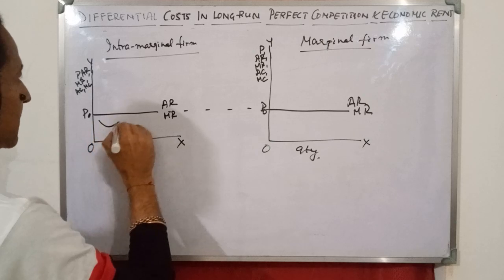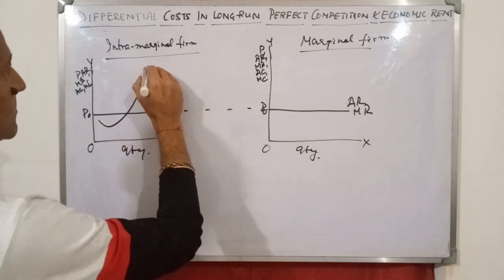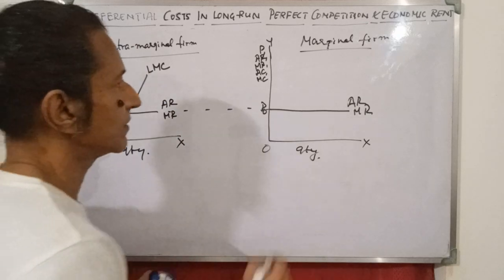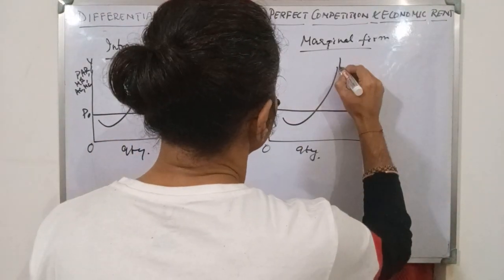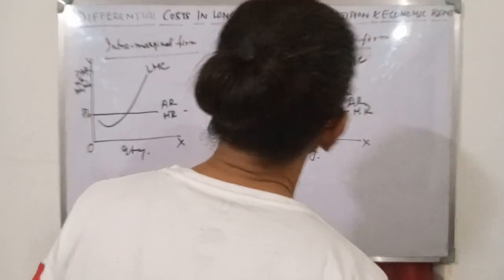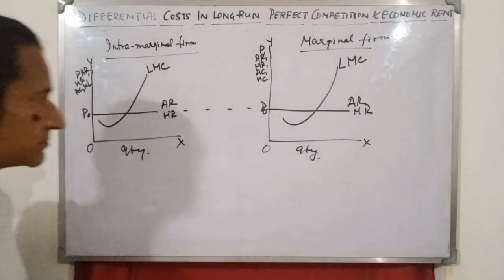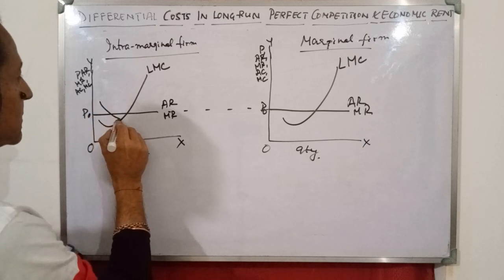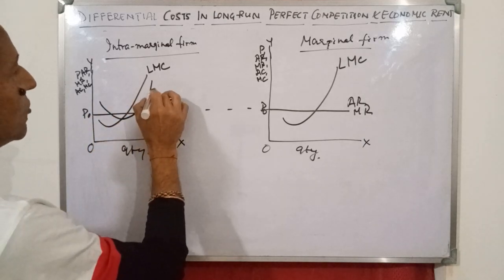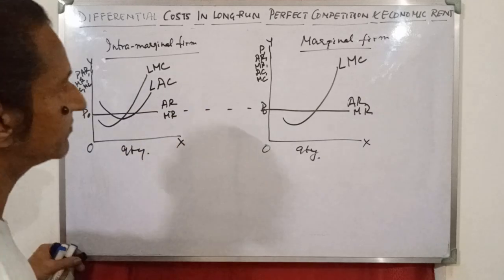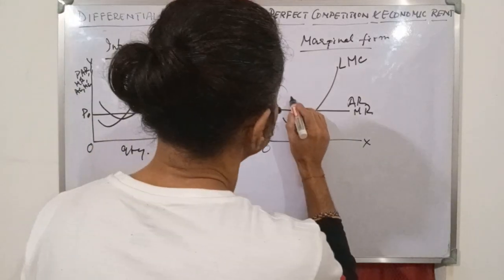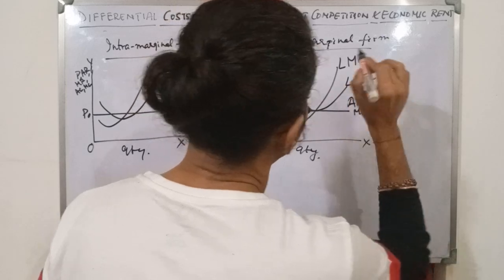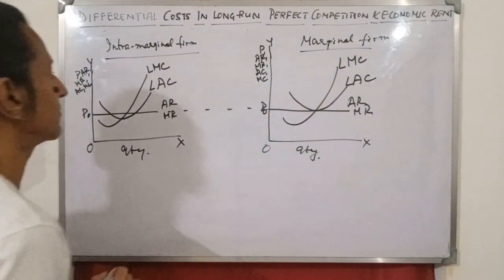Now let this be the long run marginal cost curve of the intra-marginal firm, and let this be the long run marginal cost curve of the marginal firm, and let this be the long run average cost curve of the marginal firm, and let this be the long run average cost curve of the intra-marginal firm.